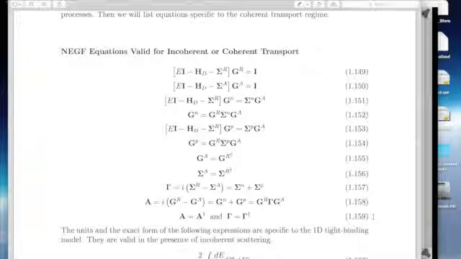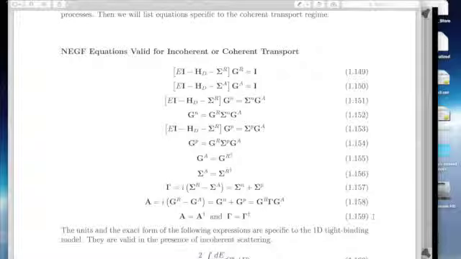in Supriyo Datta's book, he refers to sigma n and sigma p as in-scattering and out-scattering. So gamma is like the total scattering, all scattering processes, both in and out of the state. If you think of a phonon type scattering process, I come in my K state and I can emit a phonon and go to some other state. That's one lifetime.